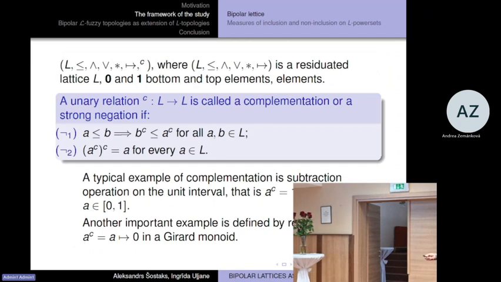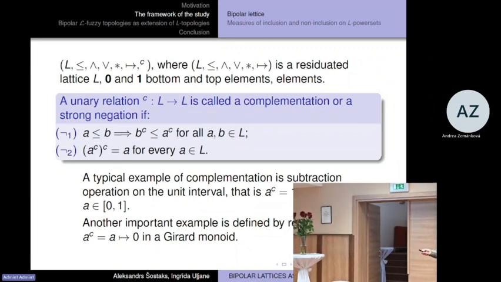Now, what are we using? Many researchers now start with a residuated lattice, which some call quantales or similar names. The definition I will not state, because I think everybody understands what we are speaking about. For example, the unit interval with a t-norm.